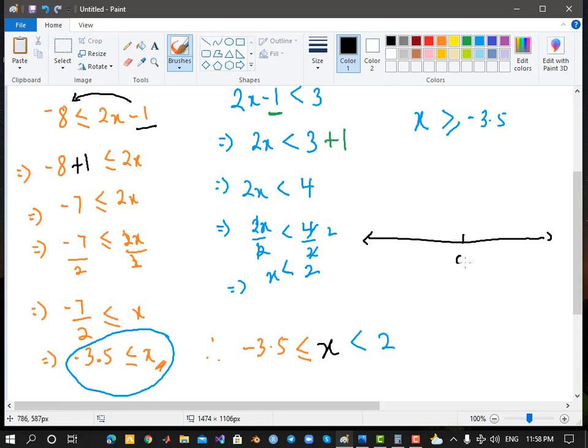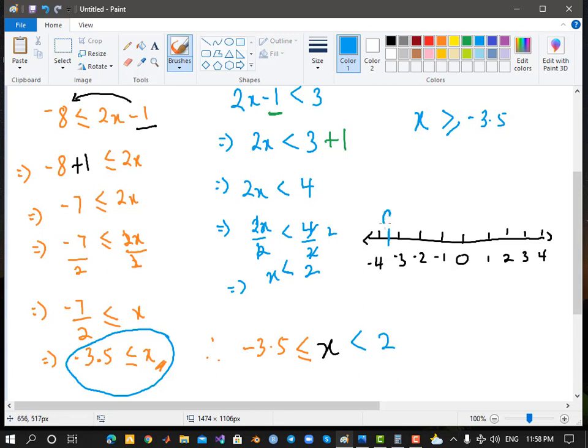This is 0. This is 1, 2, 3, 4. This is negative 1, negative 2, negative 3, negative 4. So negative 3.5 should be somewhere here.